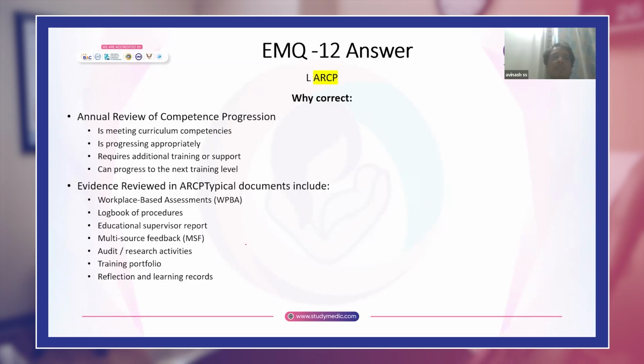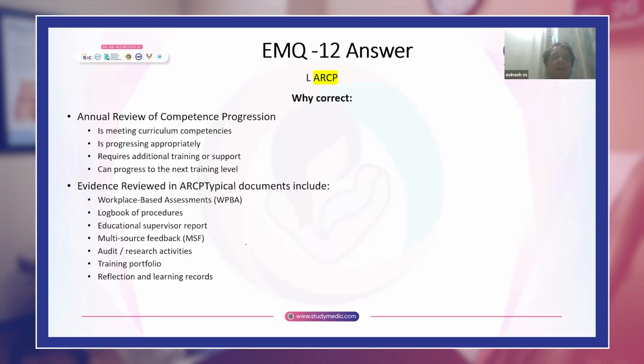Here, annually, a review of progress in the competence achievement of the residents is done by a team of experts in a committee, and they are meeting to see whether curriculum competencies are certified or met by the candidate, whether there is a gradual and visible successful progress in achieving these milestones to reach the competencies, or does he require any additional training or support, and the decision whether he can be progressed to the next training level, second year or third year.